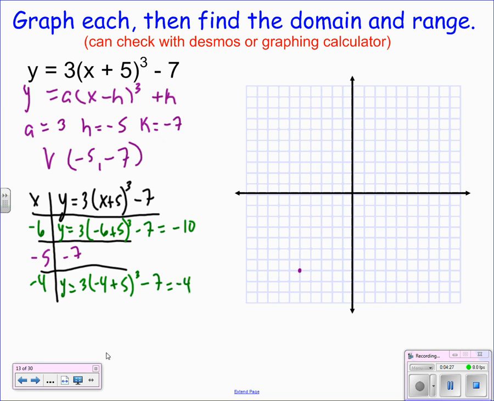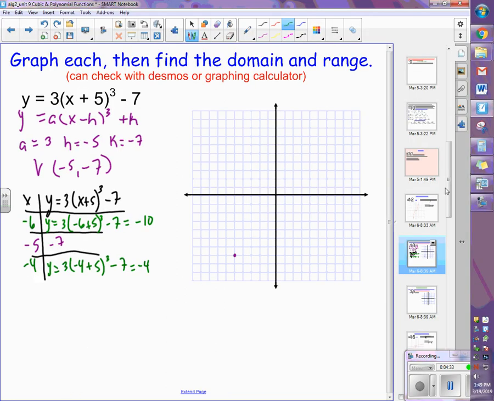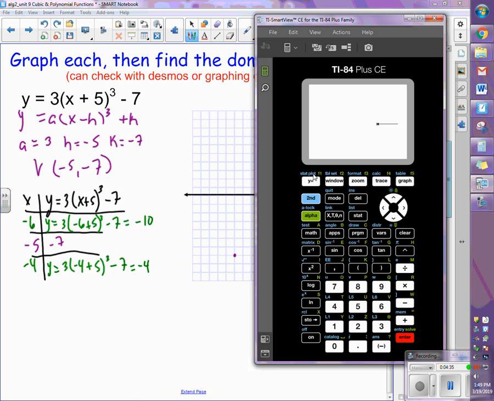Again, you can confirm it with a calculator. If you don't trust me, let's put it into the calculator. So 3 parentheses negative 6 plus 5 to the third power minus 7.